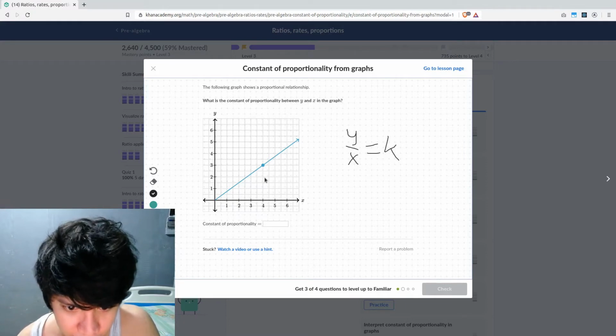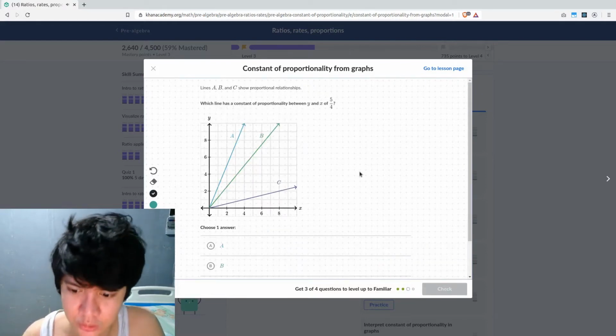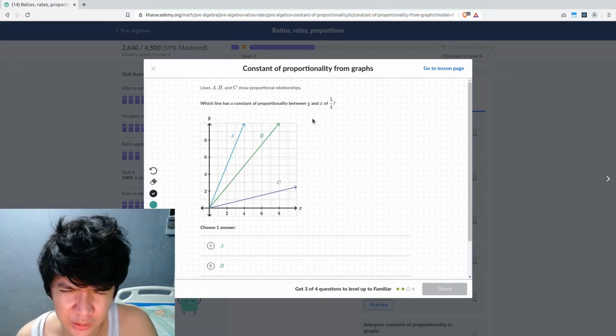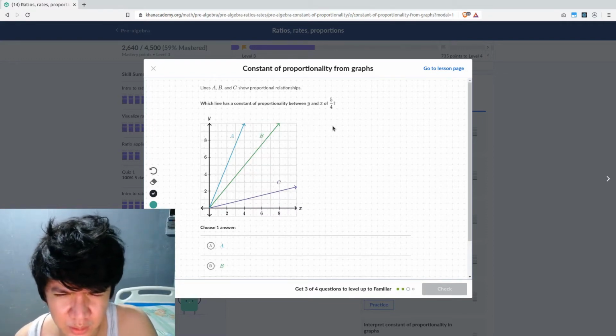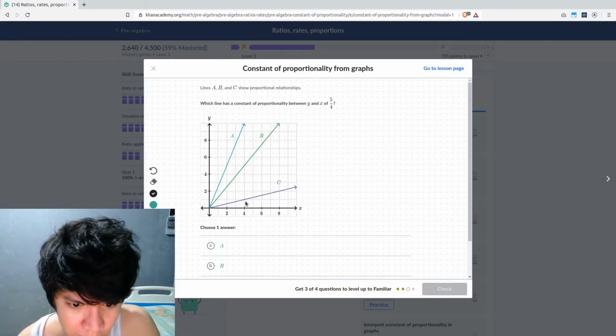So you have x is 4 and then 3 for y, so we got 3/4. Okay. Y and x, 5/4. So when our x is 4, our y would be 5.